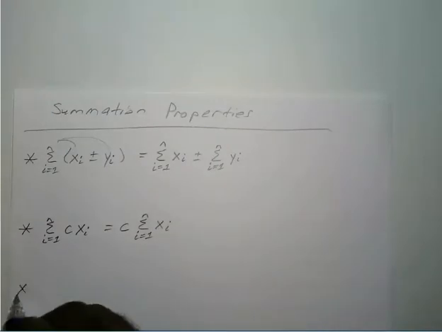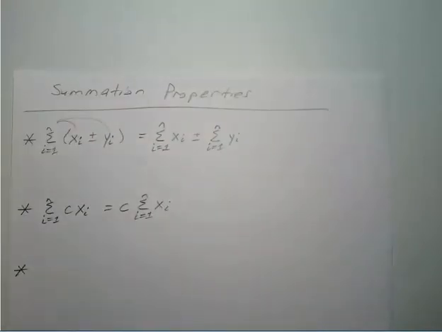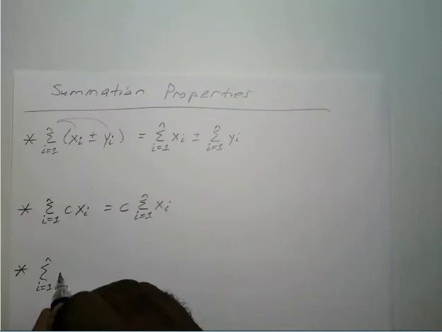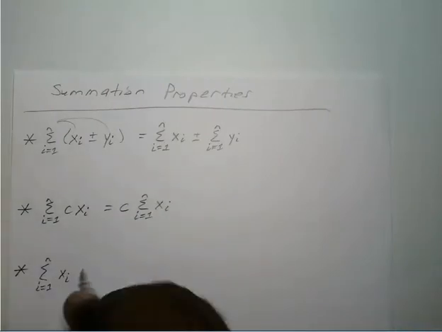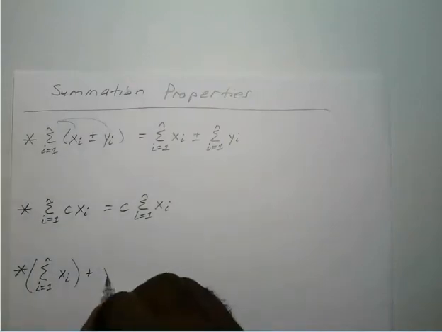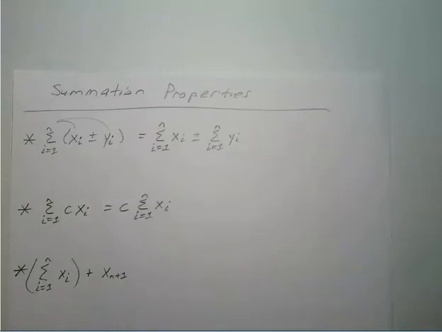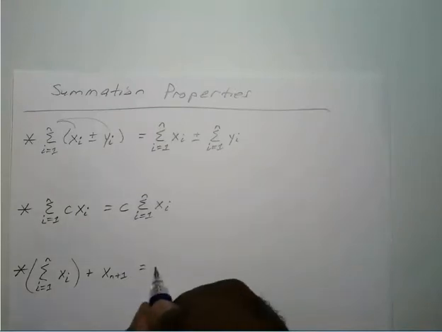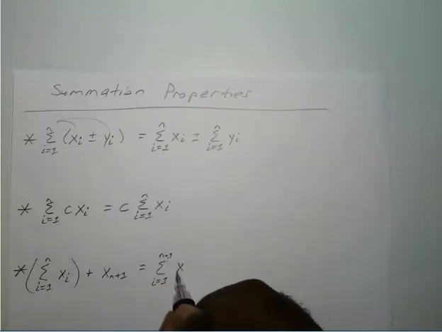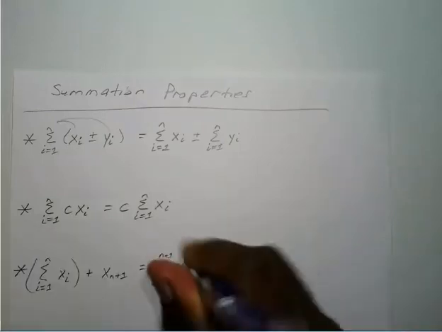Our third one, if you have, let's say, the sum from i equals 1 to n of x sub i plus, this is 2 separate terms here, x sub n plus 1, then that's going to equal the sum from i equals 1 to n plus 1 of x sub i.